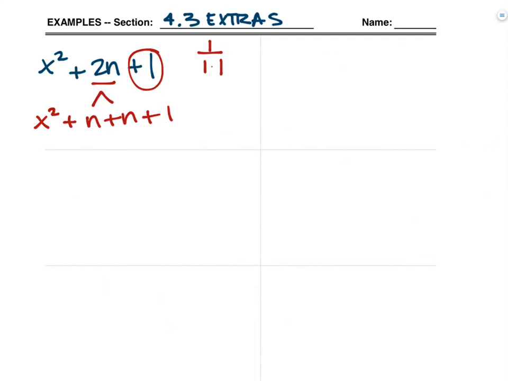Because if I was to combine the terms n plus n, I would go back and get the 2n. So that's always a nice check. Now when I take a look at this, I can indicate my factored form. And I don't know why I have n's. Where I have the n, I should be placing an x. I apologize, it looks like I am copying off an old note sheet.